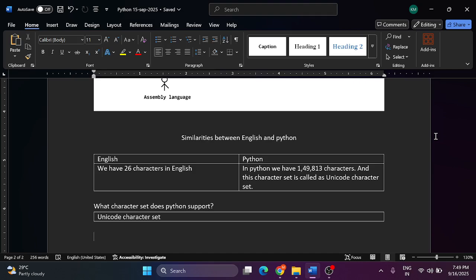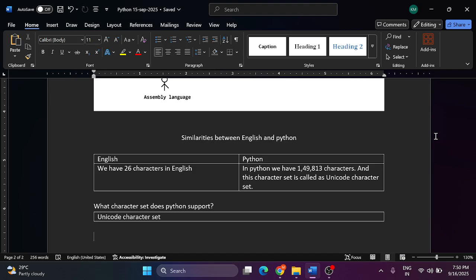Remember that. In English, only 26 alphabets are there. In English, we won't say 0 to 9 are also characters. In English, do we have characters like 0 to 9? No, we don't have those characters, right? But in programming languages, these digits are also called characters. Remember that. It's a part of the character set.